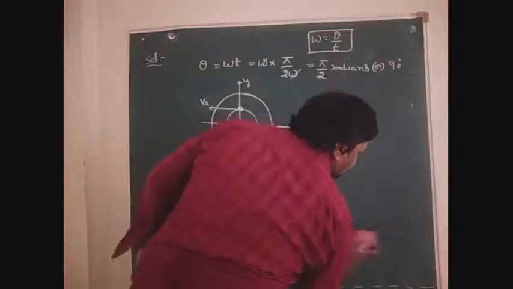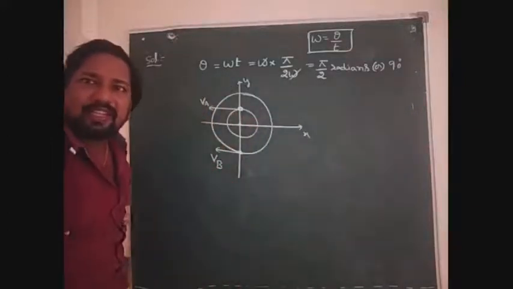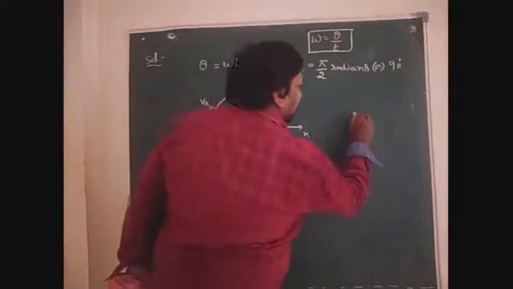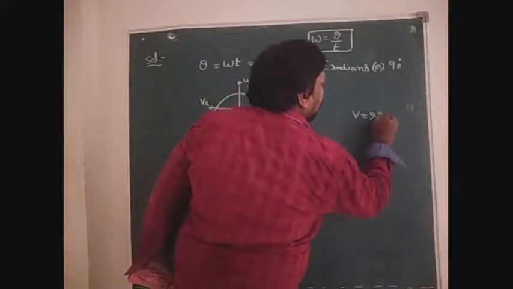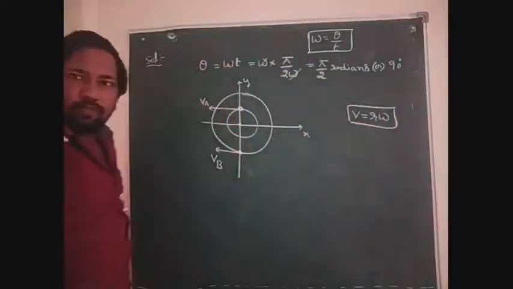We know the relation between linear speed and angular velocity: V equal to r omega, where r is the radius of the circle.